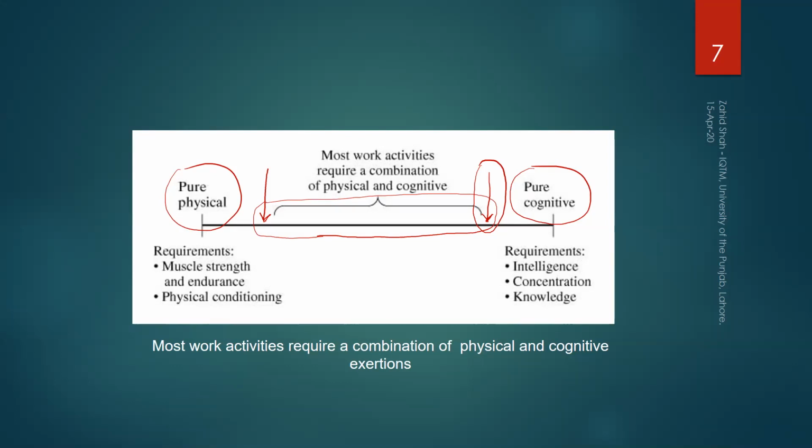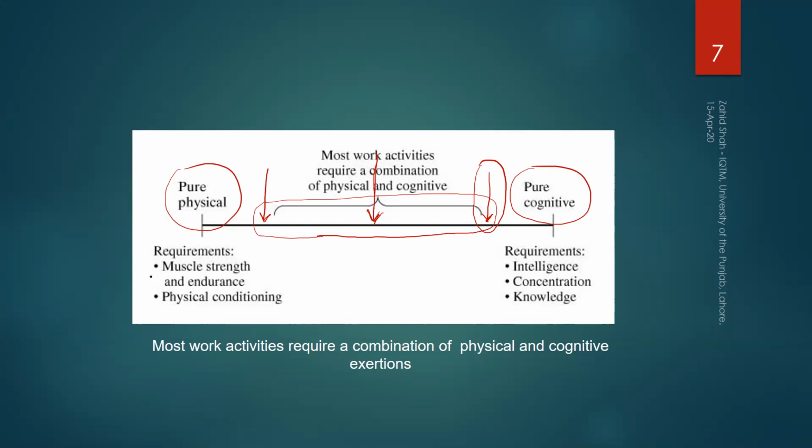But some tasks are more physical and some are more cognitive. And some tasks somewhere over here, for example, right in the middle might be having equal aspects, both physical and cognitive. So you must keep in mind that this classification is not discrete.